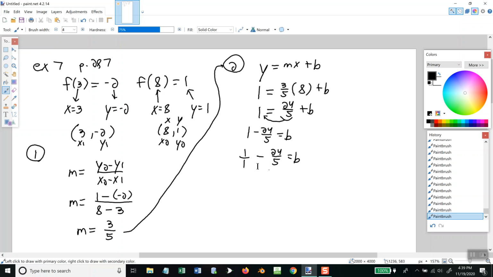Now, to get a common denominator, since this is 1, our common denominator would be 5. It's always the other one if one of them is 1. So I had to multiply the bottom part by 5. 1 times 5 is 5, and also multiply the top part by 5. Minus 24 over 5 is equal to b. Now, since they have the same denominators, I can subtract top parts. 5 minus 24 is -19/5.